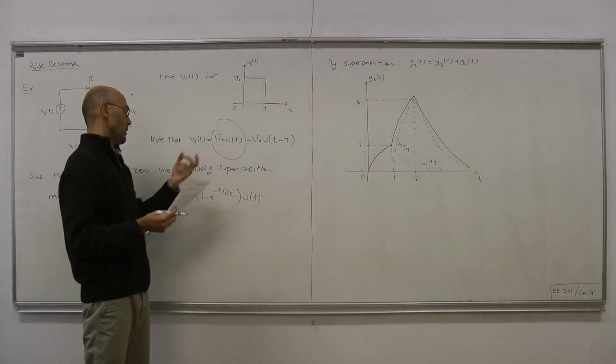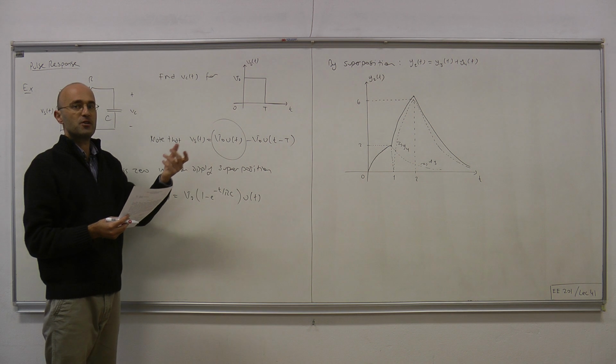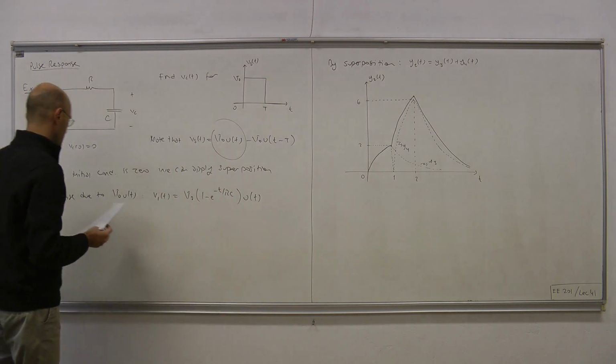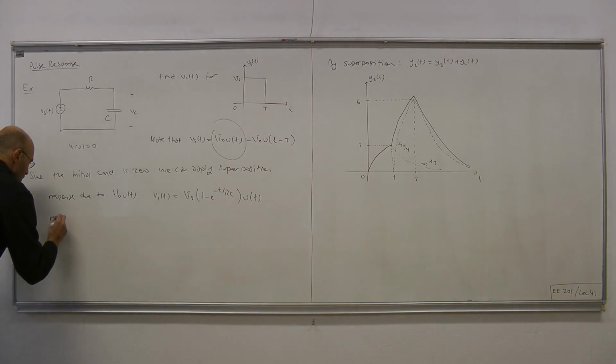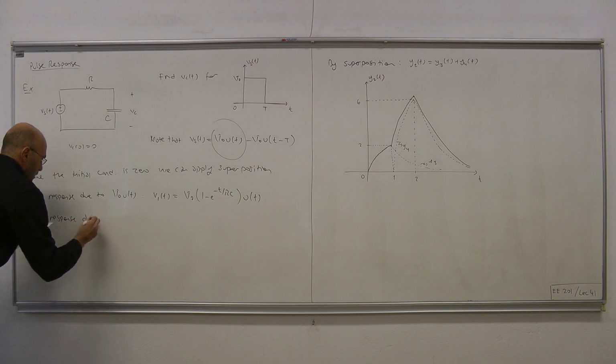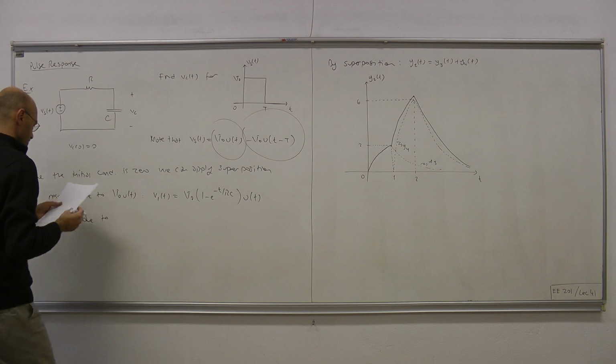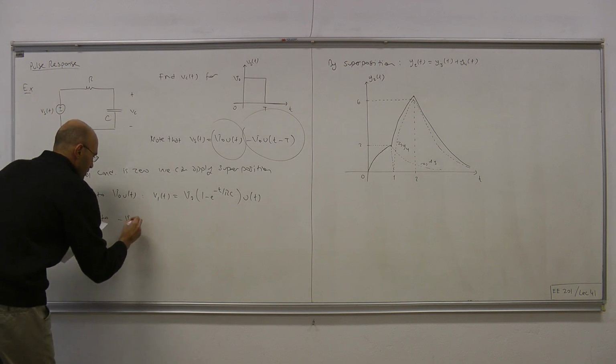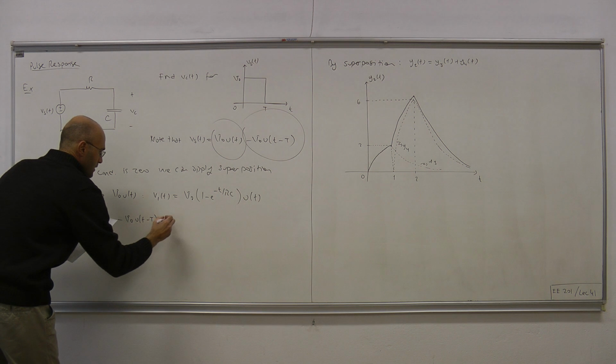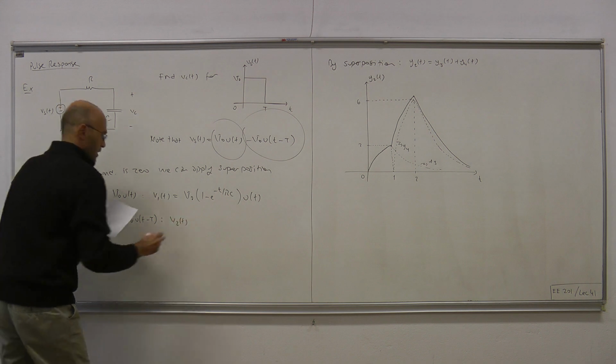For a step, well, that's the response for a step function with magnitude V0. And now the response due to the other piece is, t minus capital T. Let's call it V2 of t.